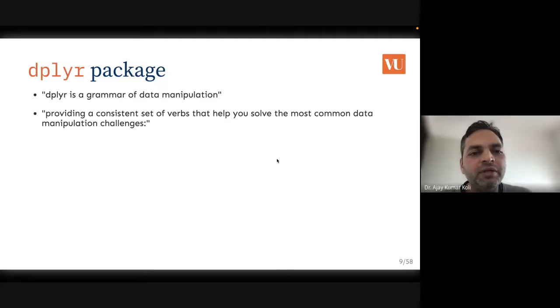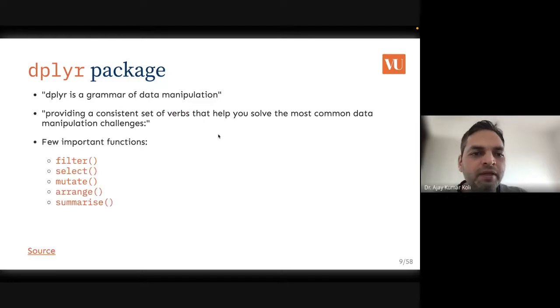Now the dplyr package provides you a consistent set of verbs. Verbs, we all know verbs. So it provides you verb-based actions which help you to do the manipulation in your data. These verbs are filter, select, mutate, arrange, and summarize.